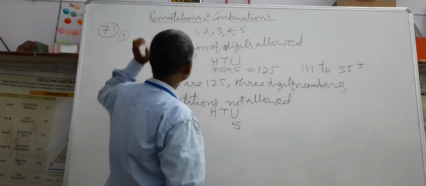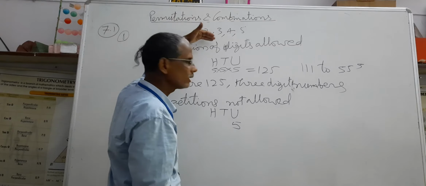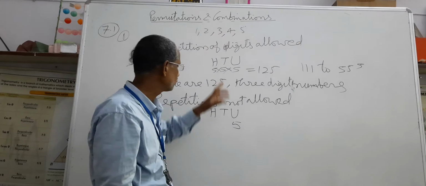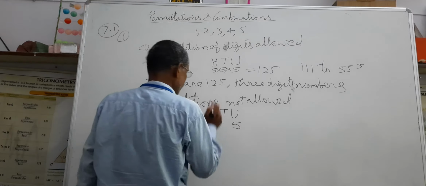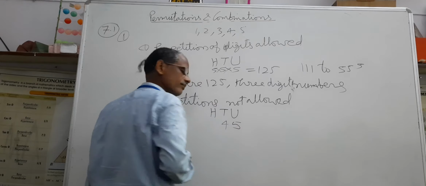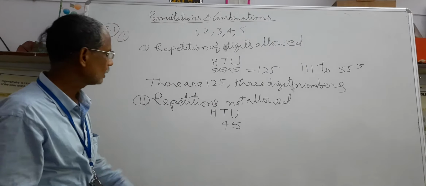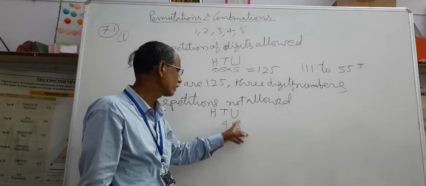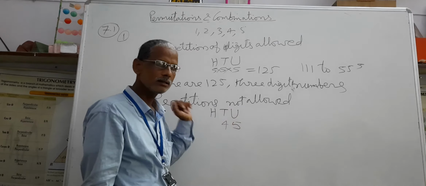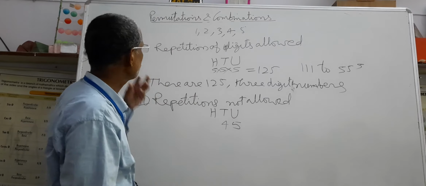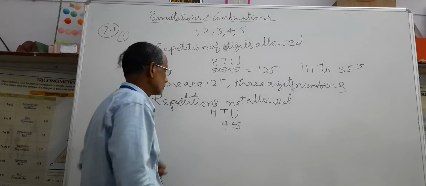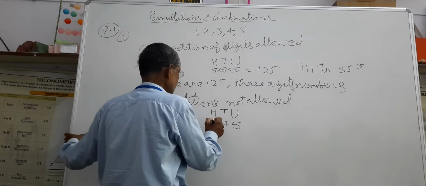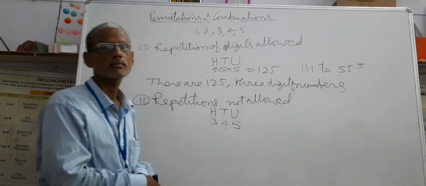Therefore we have only 4 digits remaining to put at 10 place, so 10 place can be filled in 4 ways. Now 2 digits are placed, one at unit, another at 10, so we have only 3 digits to put here. This can be filled in 3 ways.